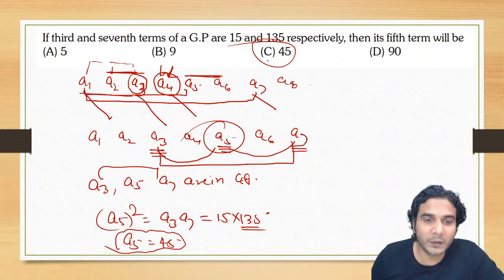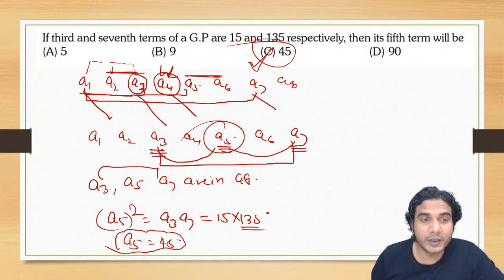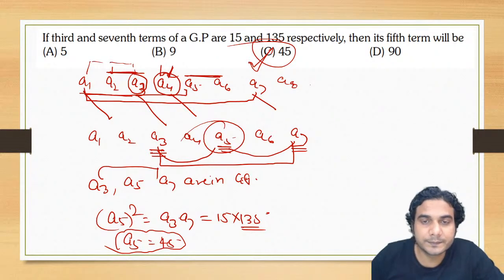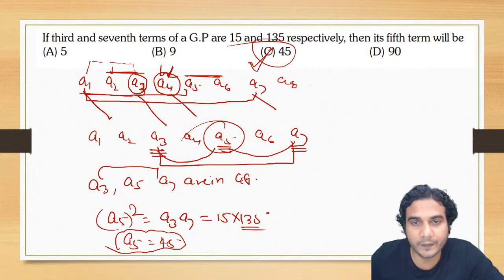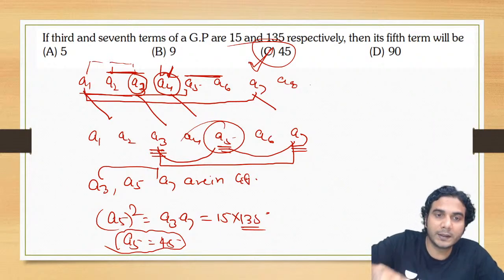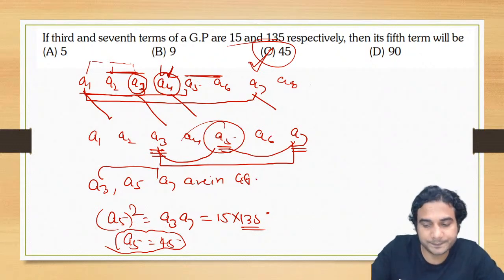It can be minus 45 also, but that is not possible, because alternate terms can be positive, negative, positive, negative. I told you, right? So 3rd is positive, 4th can be negative, 5th will be positive only. So the answer will be only 45.